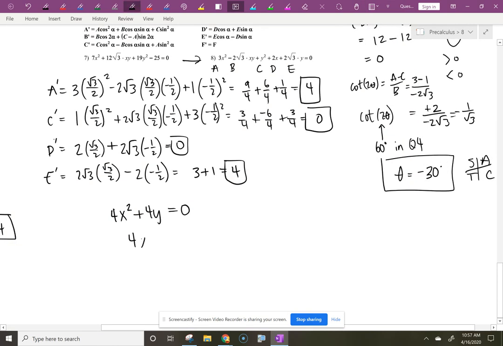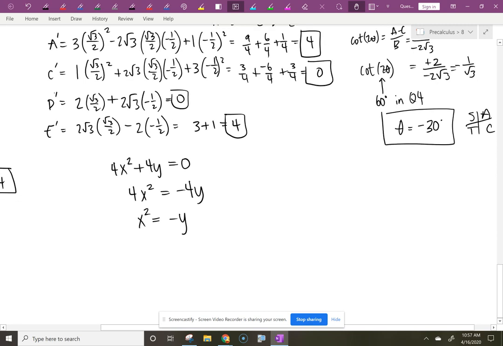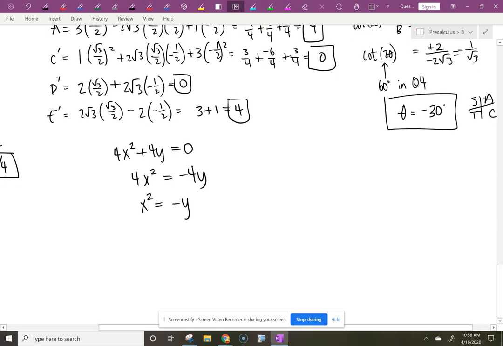So this would be a parabola where I would first get the squared stuff, all the x's on the left. Then I would divide by 4 and get x squared equals negative y. Now remember, some weirdness, I do like to factor out a 4p. So x squared is equal to 4 times negative 1/4. Seems silly. Why? Notice that would get us the negative 1, and there is my form.